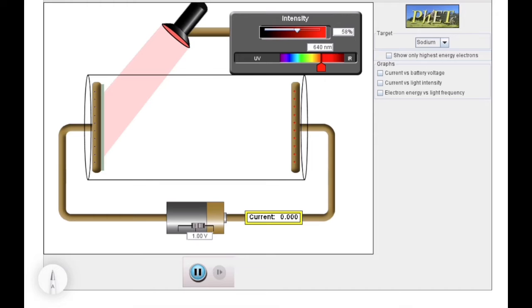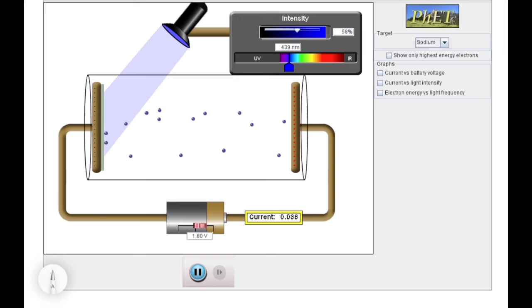Okay, next we have voltage and current here. So I will increase the negative potential of the plate on the right side here. The metal on the right side is also negative, so the electrons will be repelled.